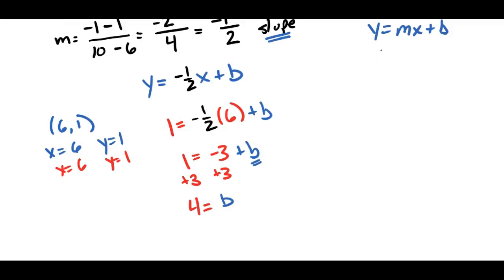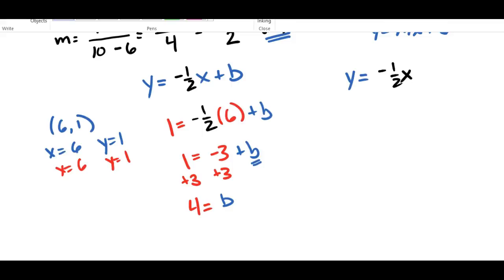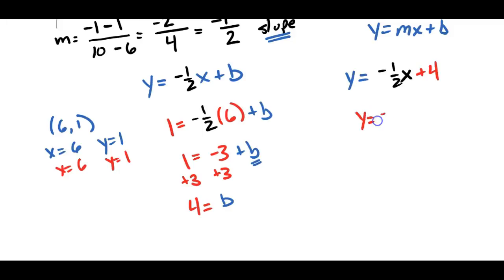So now my equation in y equals mx plus b form is y equals negative 1/2 x plus 4. That's my equation. y is equal to negative 1/2 x plus 4. There's my slope. There's my y-intercept.